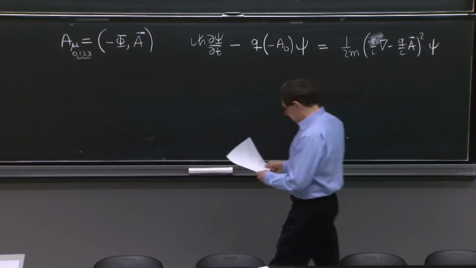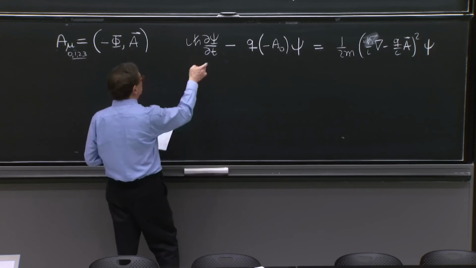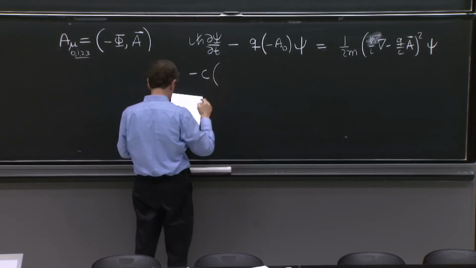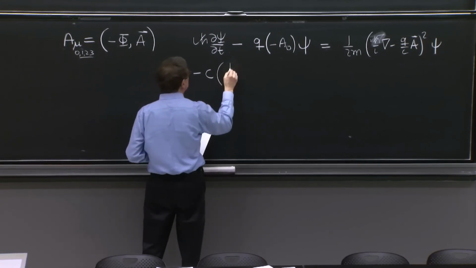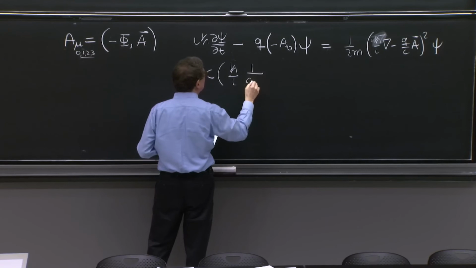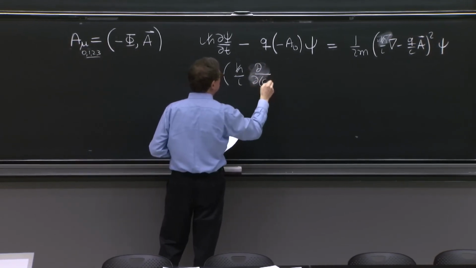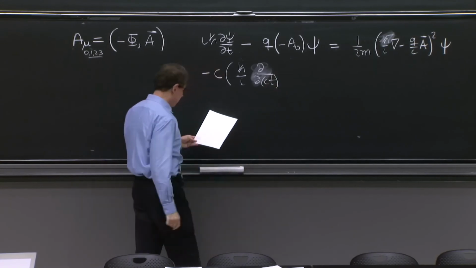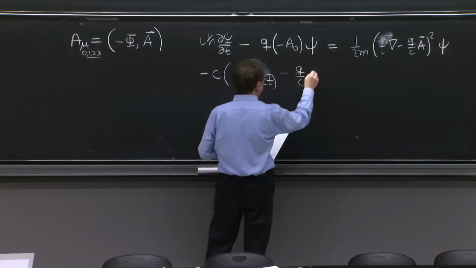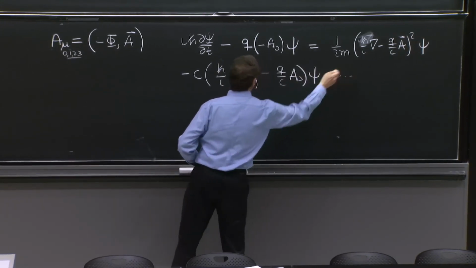And now look at this. It can be written as follows. Minus c A-slash times h over i, 1 over d over d of ct, minus q over c A naught, psi, equal the same thing on the right-hand side.